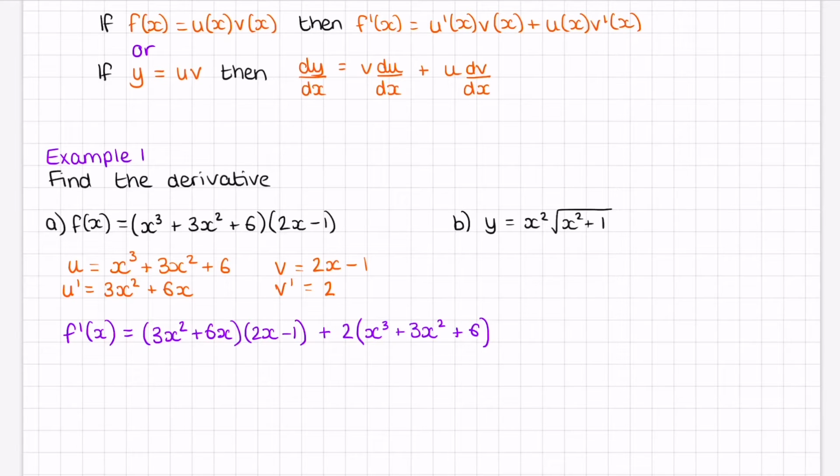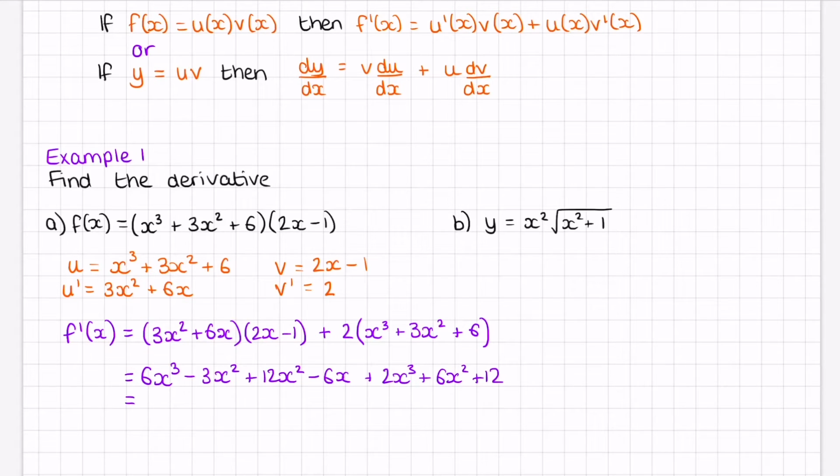Then we just simplify from there if you can do. So you're going to have 3x squared times 2x, so that would be 6x cubed minus 3x squared plus 12x squared minus 6x. And then expand this part, so we're going to get 2x cubed plus 6x squared plus 12, and then simplify this down some more.